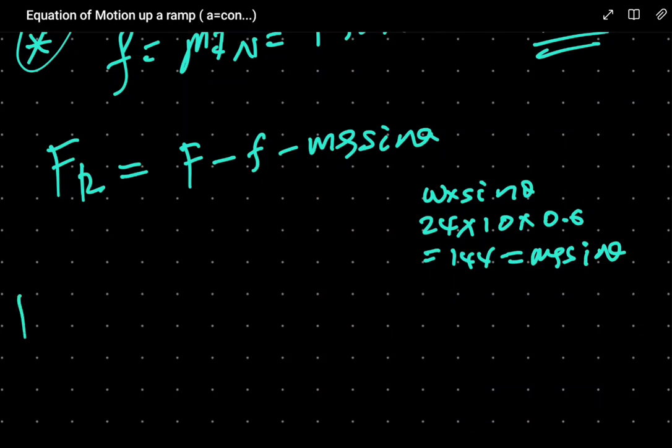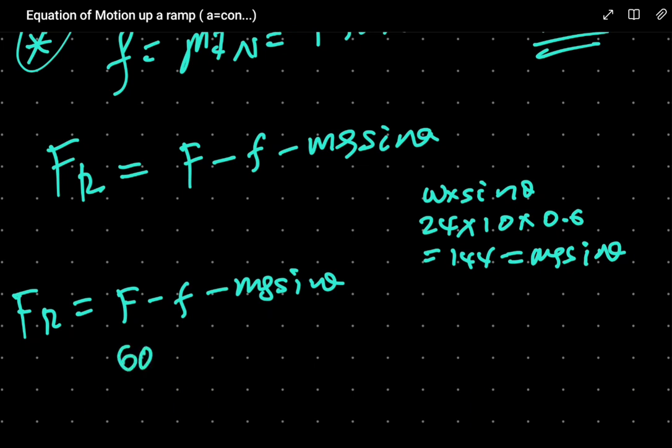Let's get the resultant. The resultant is the applied force F minus the frictional force minus the sine component of the weight. So this applied force is 600, given. The frictional force is calculated as 192 Newton, minus the sine component of the weight, 144.